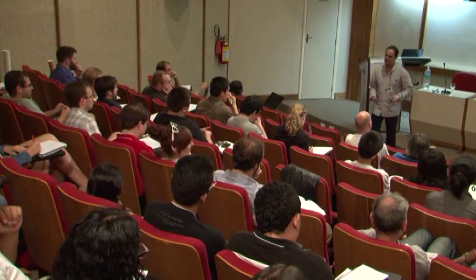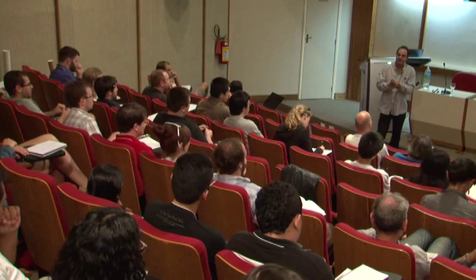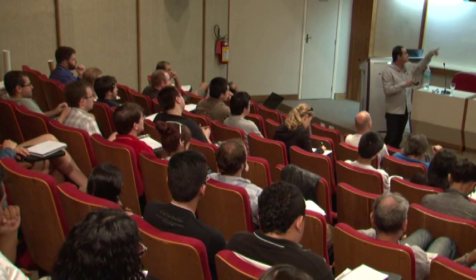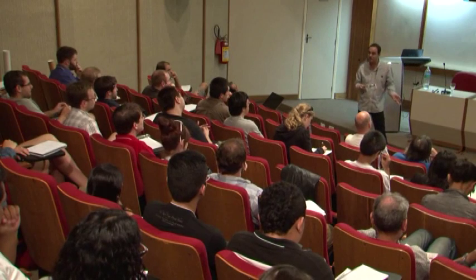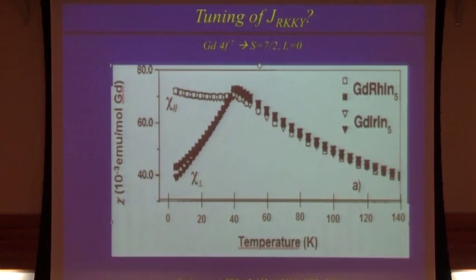Gadolinium, of course. So if I want, I can choose a reference compound and make all these compounds for gadolinium. When I do that, I have a T_N, of course, for gadolinium, it's ordered antiferromagnetically, but T_N doesn't change, right?